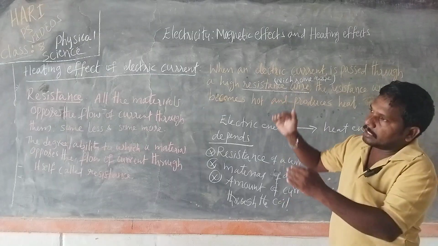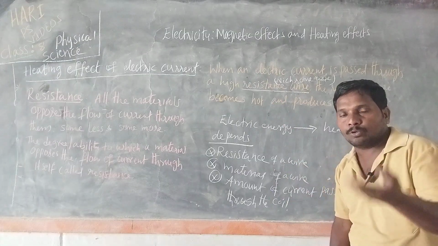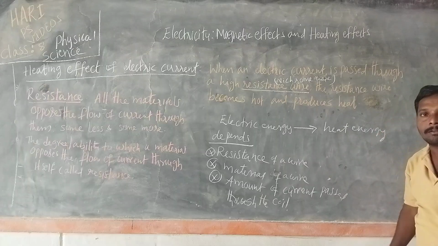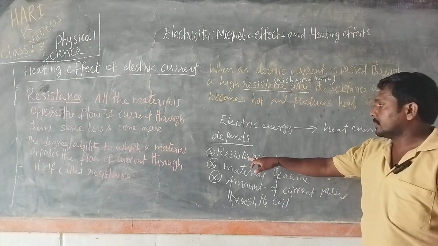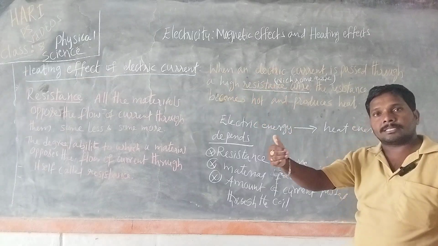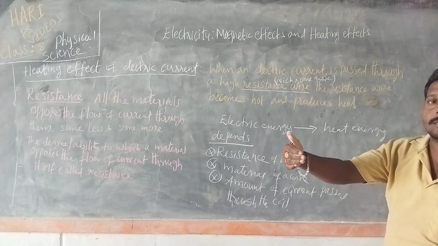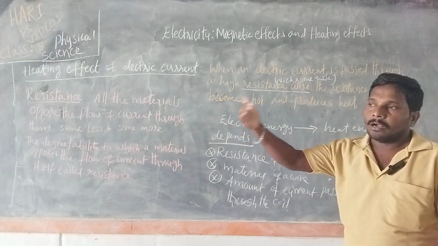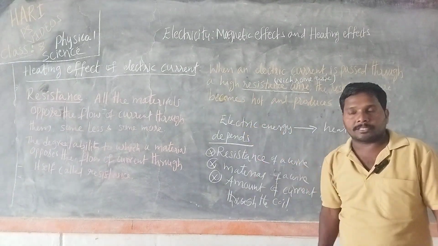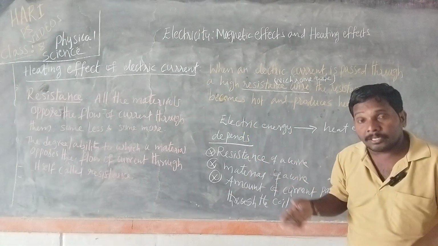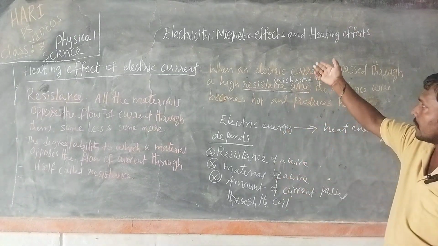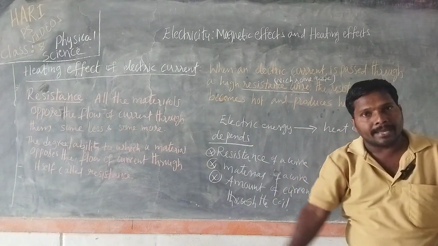How much heat energy is liberated by passing electric current through a high resistance metallic wire depends on the resistance of the wire. Whether the wire has more resistance or less resistance: less resistance, less heating effect; more resistance, more heating effect. Then what type of material is used: copper, silver, aluminum, iron, nichrome, or any alloys.